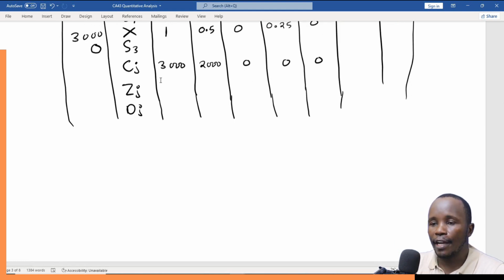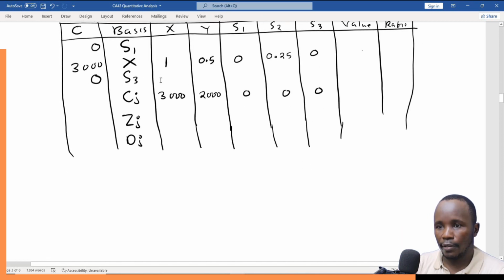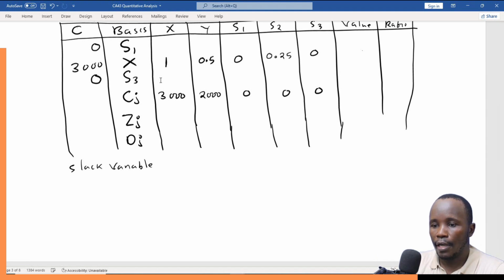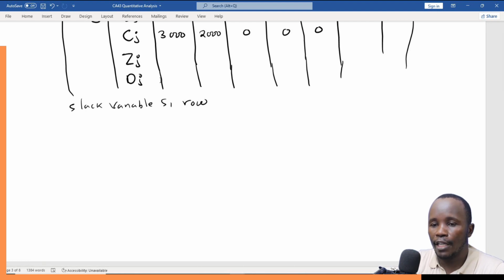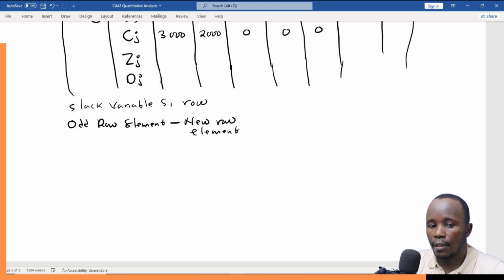To fill the row of the slack variable S1 row, we are going to look at old row elements minus new row elements multiplied by the balancing figure.